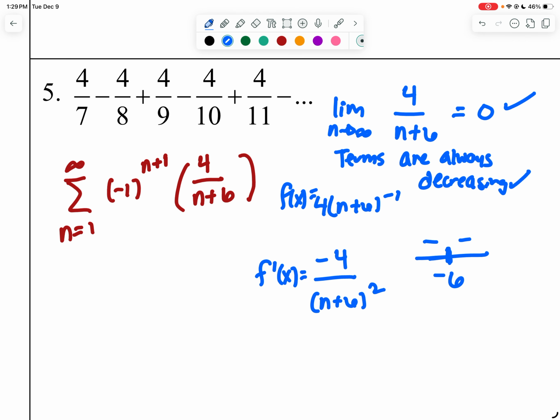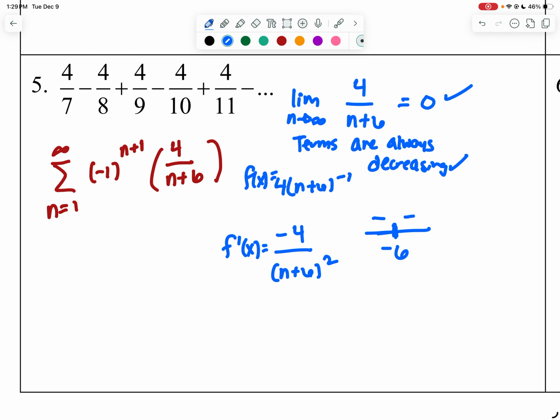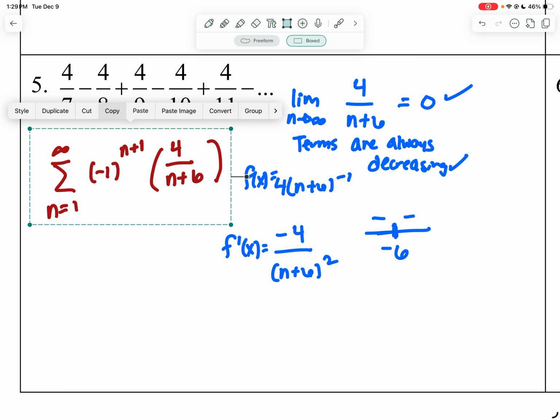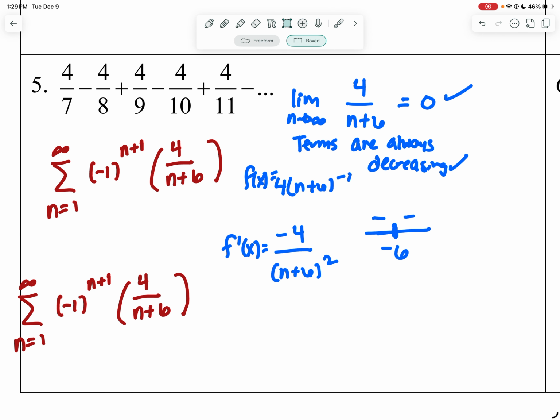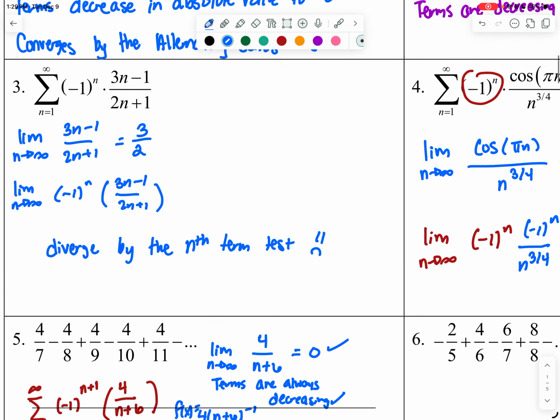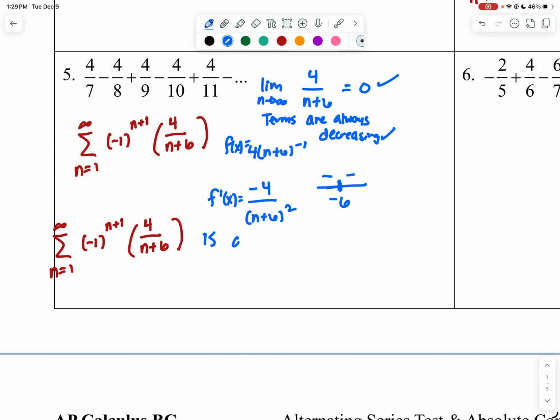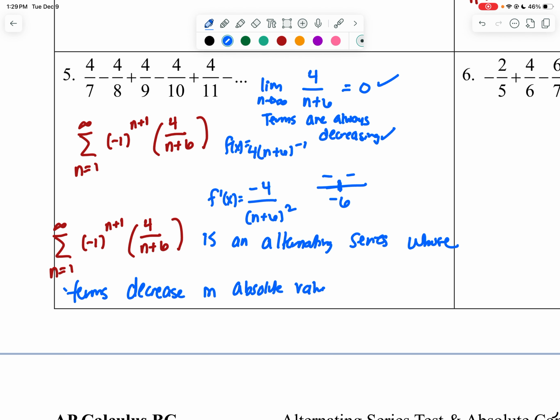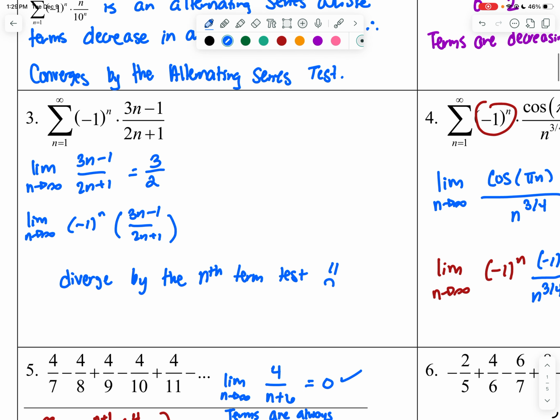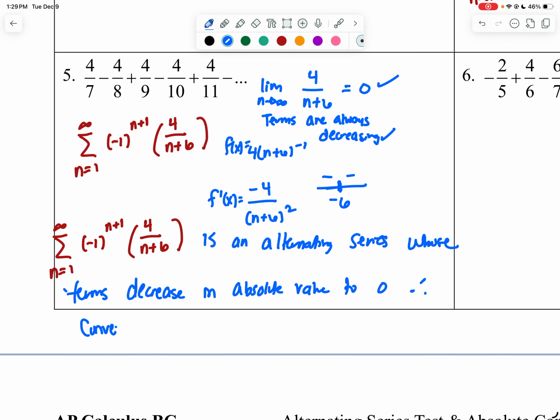Because these two work, then we are going to say that this series right here is an alternating series whose terms decrease in absolute value to 0, therefore converges by the alternating series test.